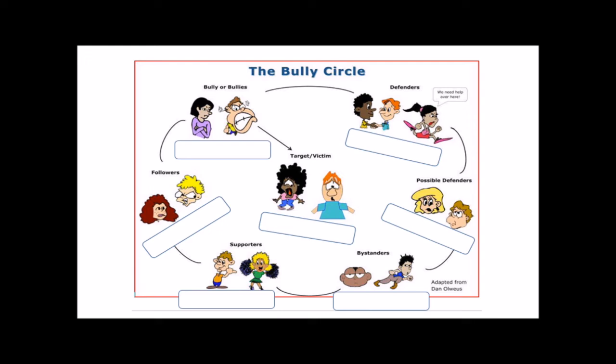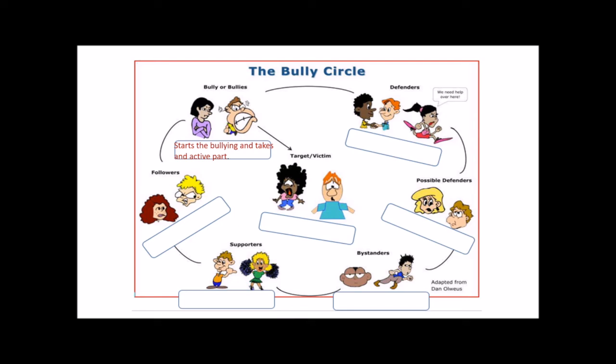And ask yourself, do I like the role that I am in, or would I prefer to get out of that role and take on another role? Now, all of us play one of these roles on the bully circle. So let's start with the first one, the bully or bullies.